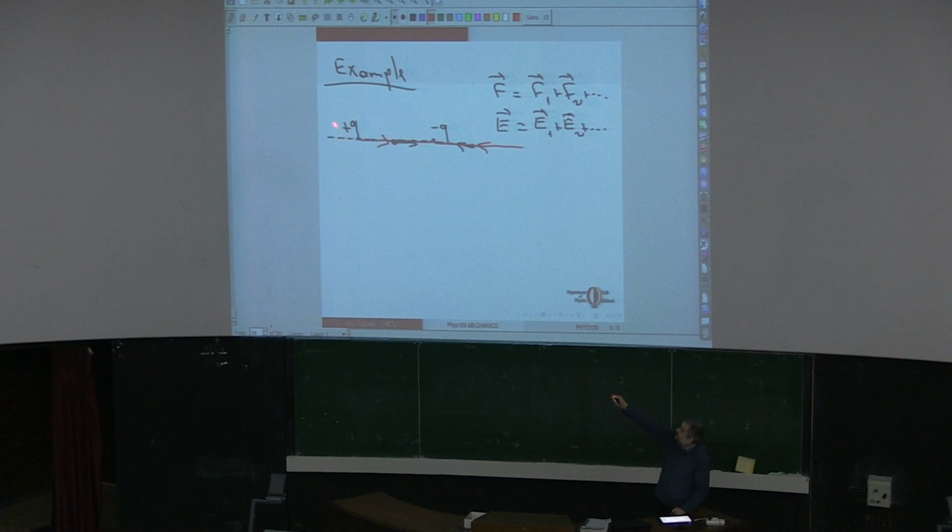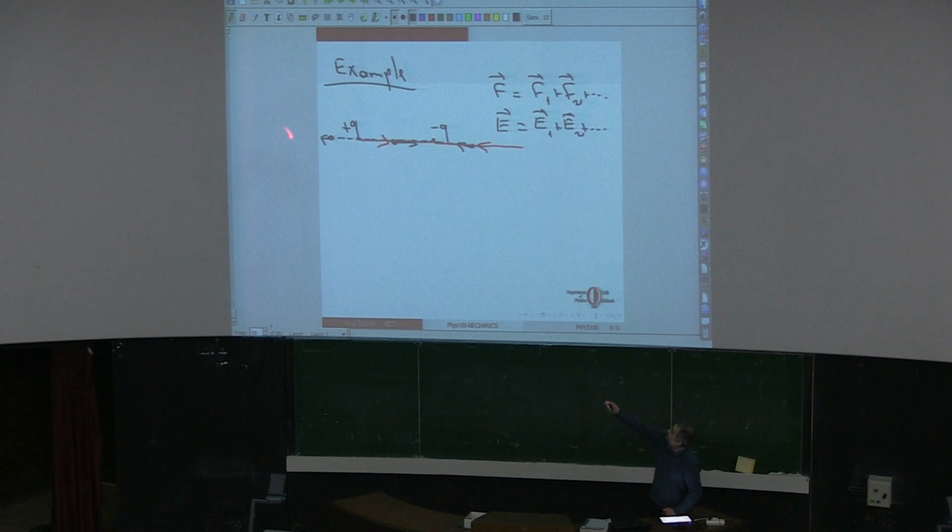Well, if we do the same thing on the other side, let's see here, the electric field created by the positive charge will be towards the left. The electric field created by the negative charge will be towards the right. But the electric field created by the positive charge will be larger because it is closer to my point. And hence the net electric field at this point will be pointing towards the left.